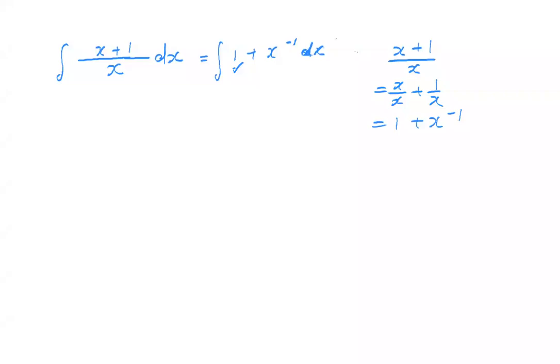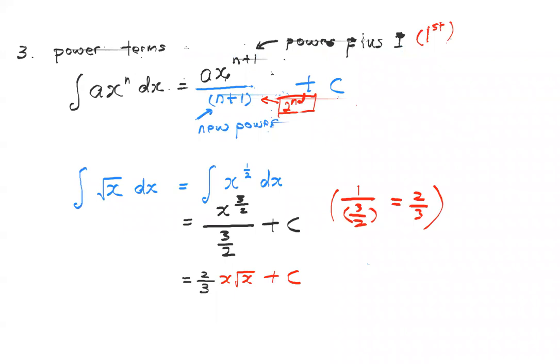So everyone go back to your third rule. And can you please add a statement on this? There is a criteria. Not all the value of n you can use this formula. n cannot be negative 1. Can you please add that in? Why? The reason is if n is negative 1, I will have ax to the power of 0 divided by 0.